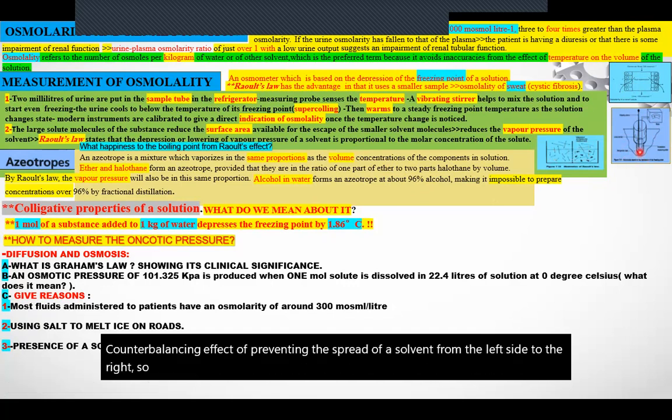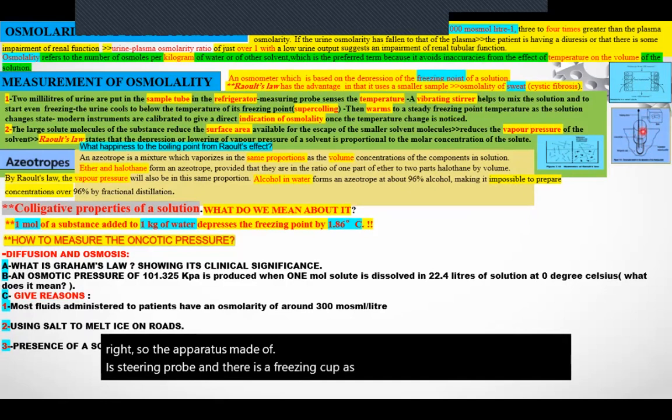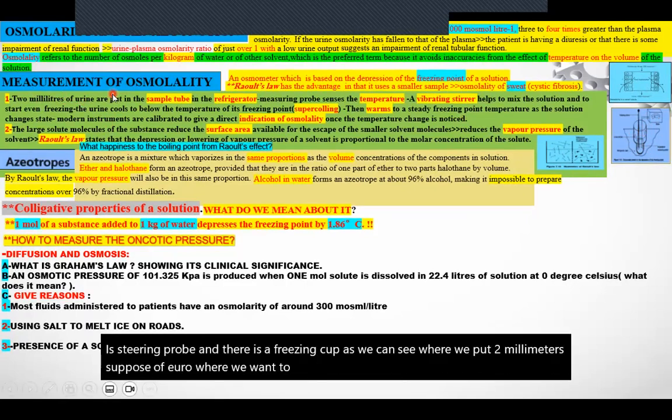The apparatus is made of a stirring probe and a freezing cup, as we can see, where we put 2 milliliters, suppose, of urine, where we want to know its osmolarity, the number of osmoles in it, which creates osmotic pressure, in a refrigerating bath.